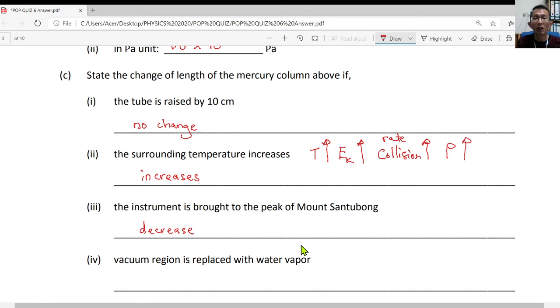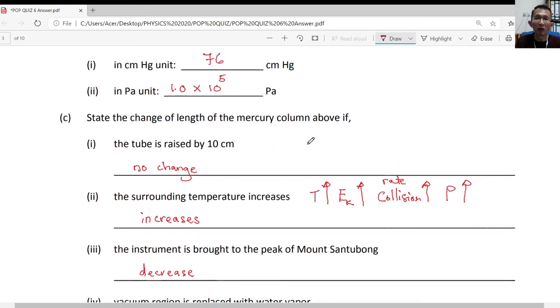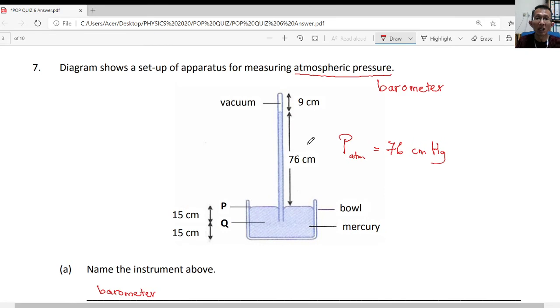Alright, next. If the vacuum region is replaced with water vapor. So if I go up here, initially I have vacuum. Vacuum, there is no air, there are no particles. No particles, then there will be no way for collision to occur. No collision, so what happened to the pressure?